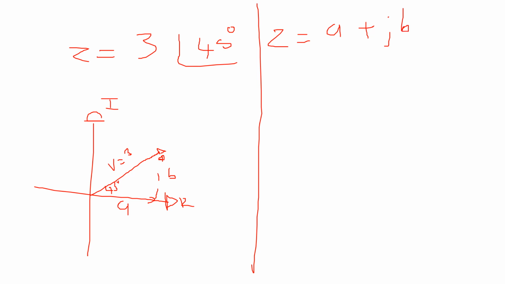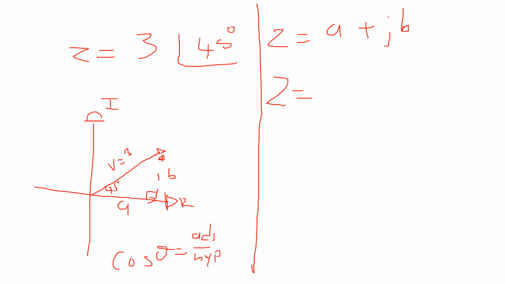Okay, so now let's say we want to find the value of A. Remember, A here is the adjacent side, adjacent to the angle, which is 45. This is 90 degrees. If it's adjacent to the angle, that means it's going to be cos of theta, and cos of the angle is adjacent over hypotenuse.